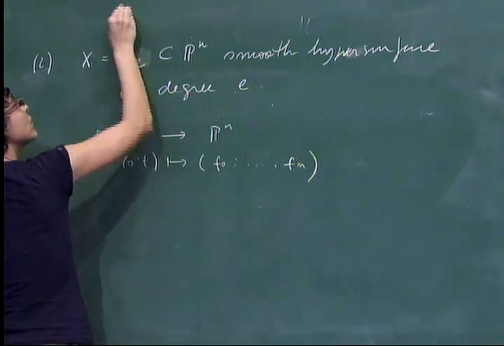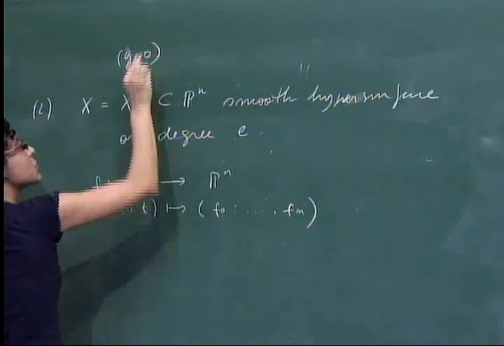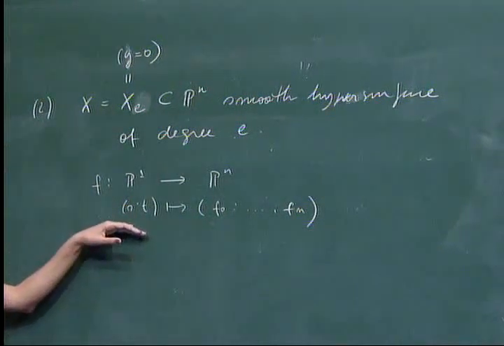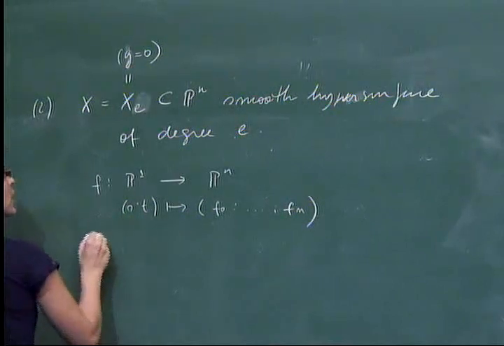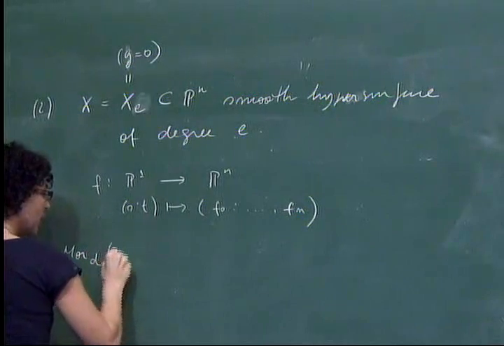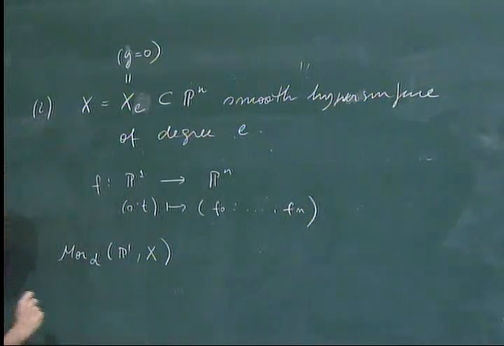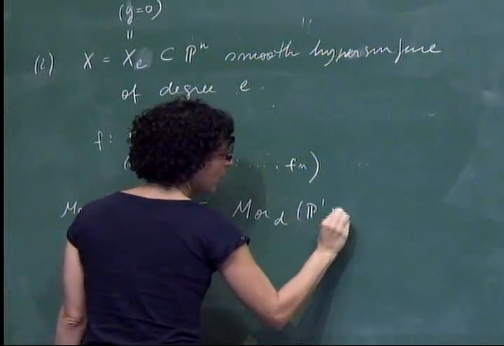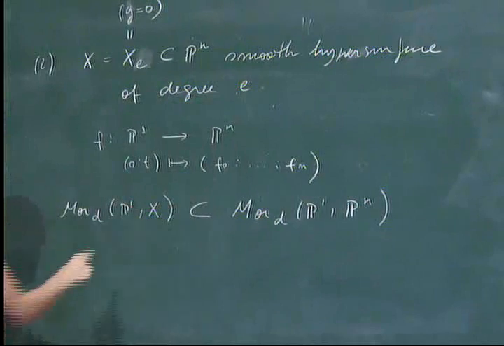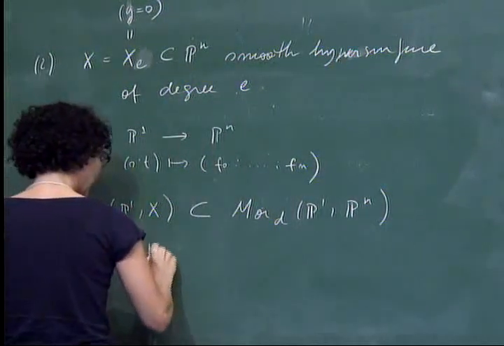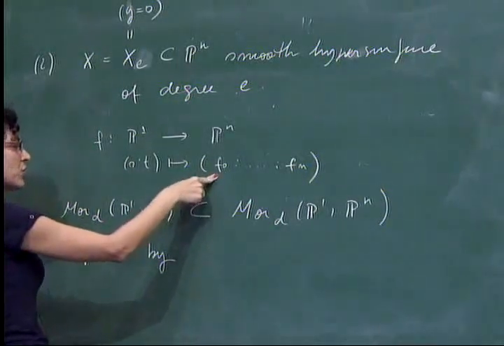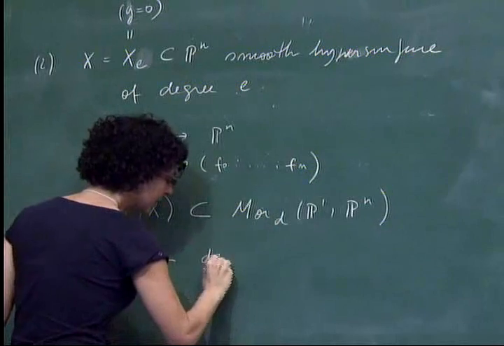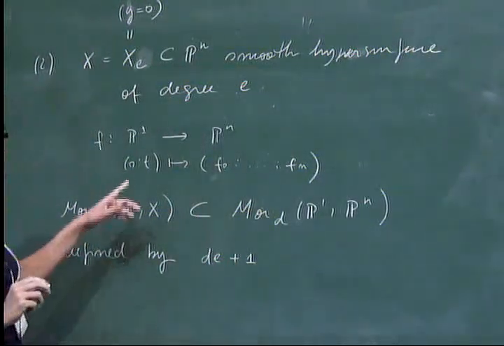So what we have to do is plug this parametrization into the defining equation, say G equals 0, and require that this gives a polynomial that is identically 0 in S and T. So the space of morphisms of degree d from P1 to X is contained in the space of morphisms of degree d from P1 to Pn, and this is defined by, if we plug in each of these, which has degree d, into this one, which has degree e, we get d times e plus 1 equations that must be satisfied.